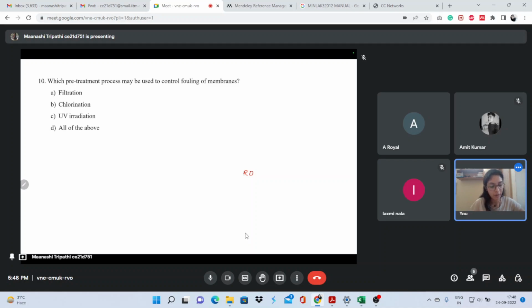Nanofiltration we have, microfiltration we have, ultrafiltration we have, and reverse osmosis we have. It depends upon the size. Microfiltration will be here and nano will be here. Whenever we go for reduced size, cost increases. So this one is the costliest.